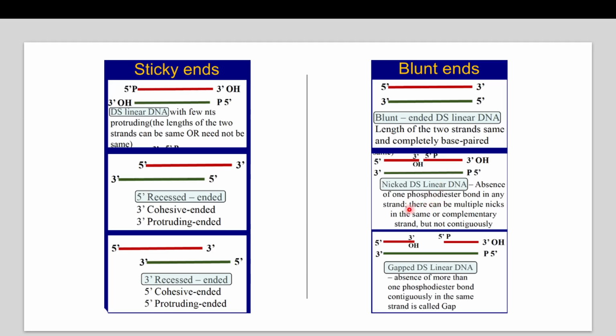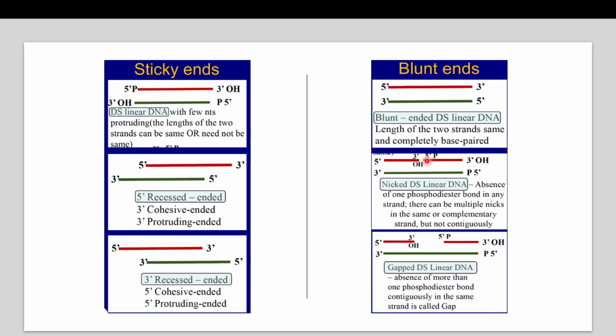There can be multiple nicks, that means multiple sites where one phosphodiester bond is absent between two nucleotides. It can be either on one strand or on the complementary strand. Anything is possible.